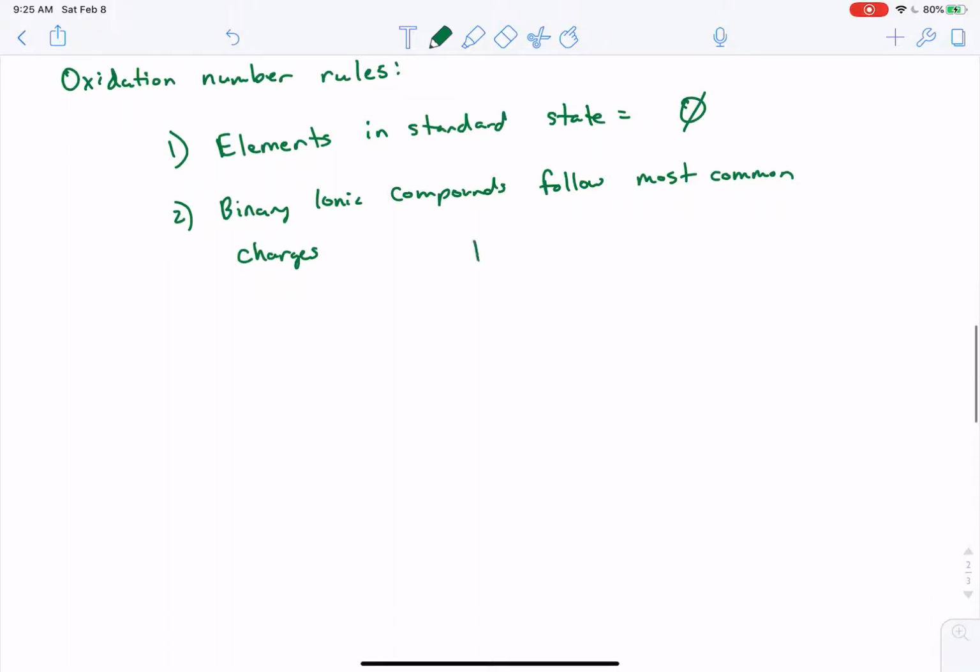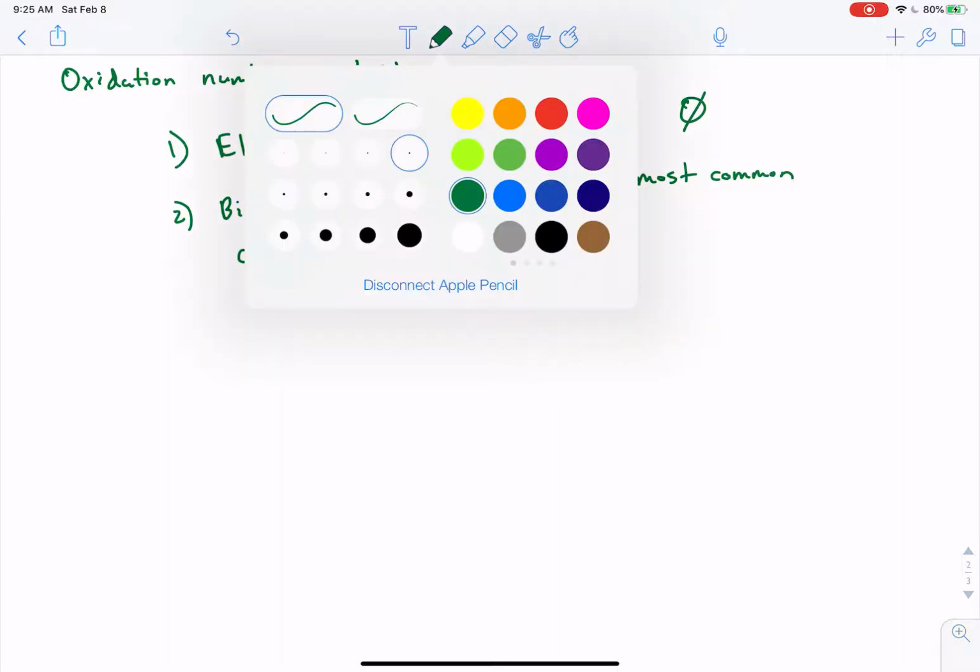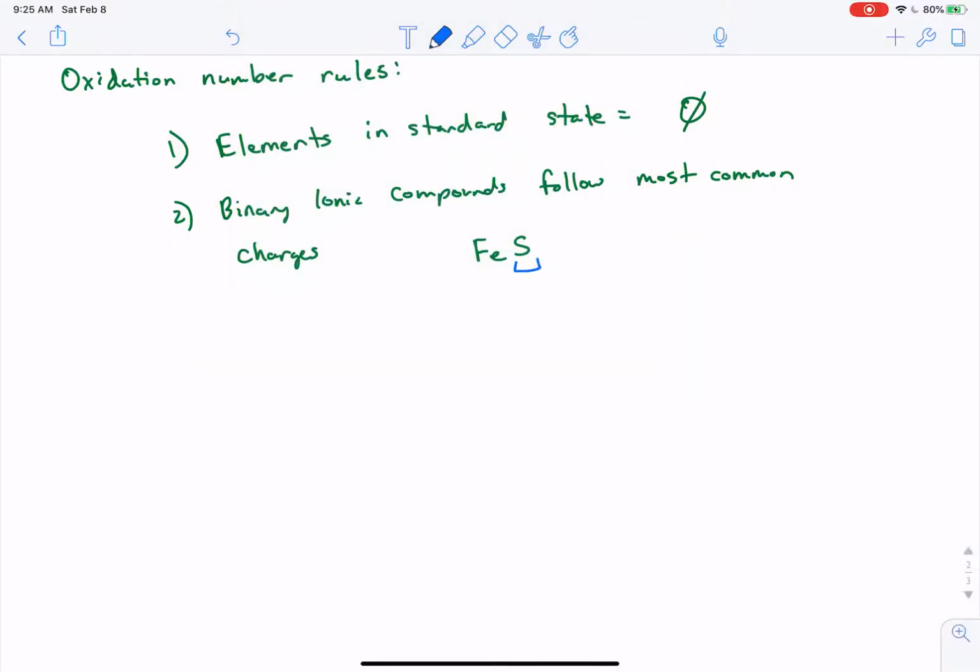Like if you have something like FeS, well, S we know for sure is 2 minus, so therefore Fe has to be 2 plus. So it'd have an oxidation number +2 and -2 for each of those species. So it just follows the most common charges here. The transition metals are adaptive.